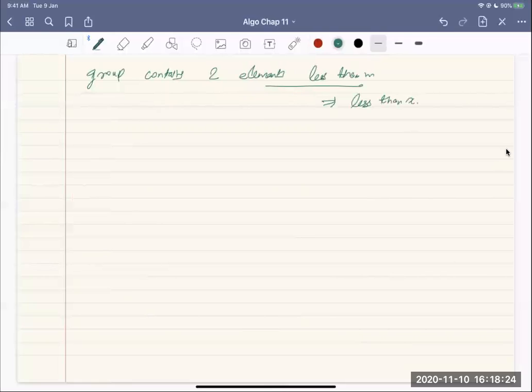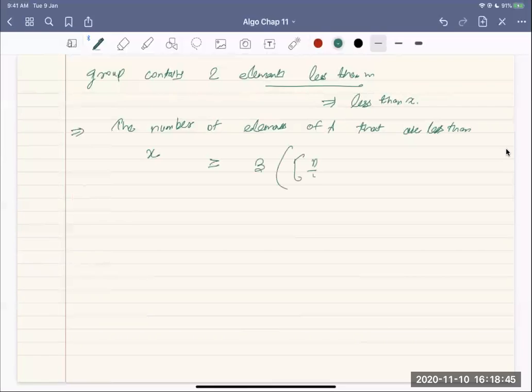Okay, so that means the number of elements of A that are less than x is now getting equal to 3 times the previous quantity n by 5 by 2, minus 2, and this is getting equal to 3n by 10 minus 6.